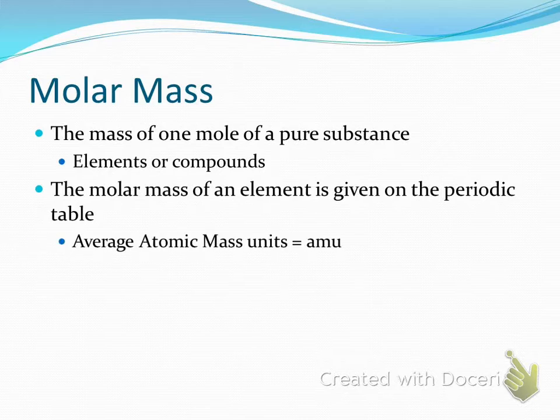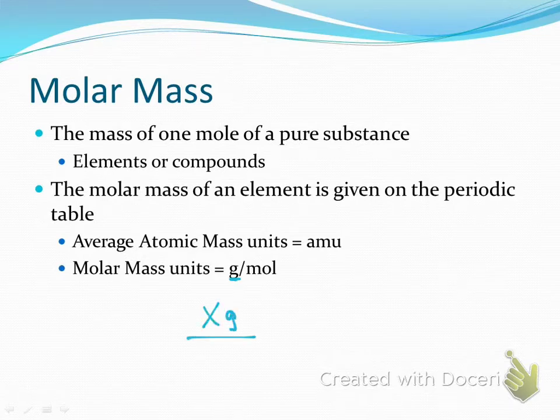Okay, like I said before, the units for atomic mass is AMU. The units for molar mass are called grams per mole. Grams per mole. So what that's saying is that it weighs X number of grams in 1 mole of our substance, right? That's the numerical value.